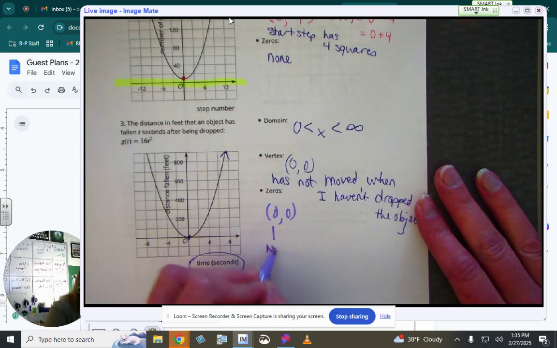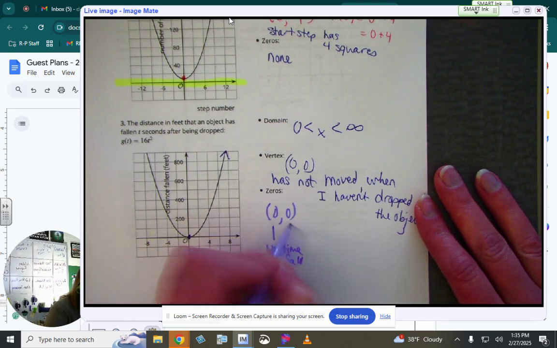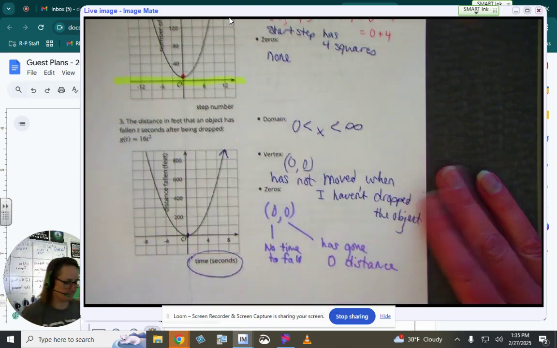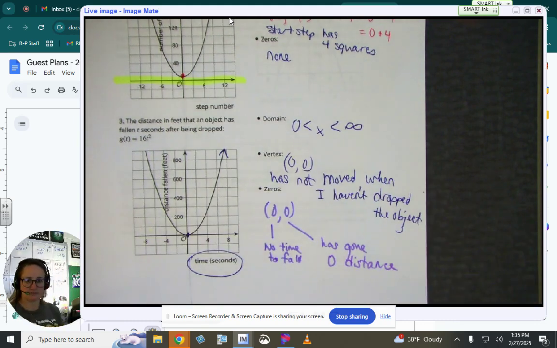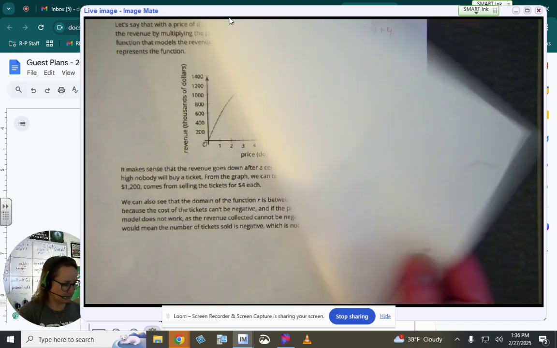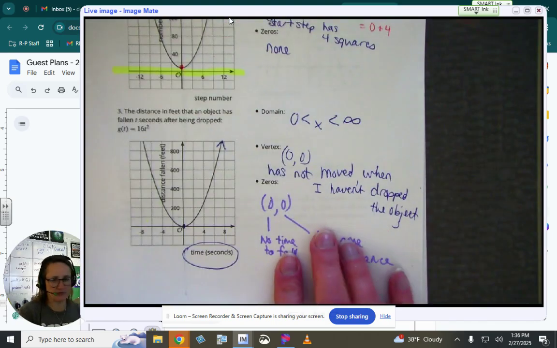So this is no time to fall. Has gone 0 distance. Couple more. I think there's just one more to do, so let's go take a look.